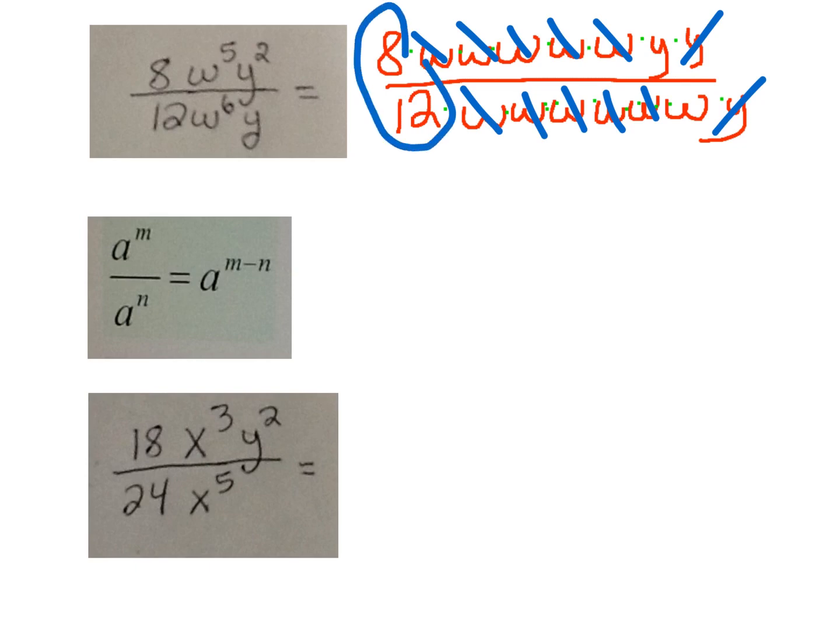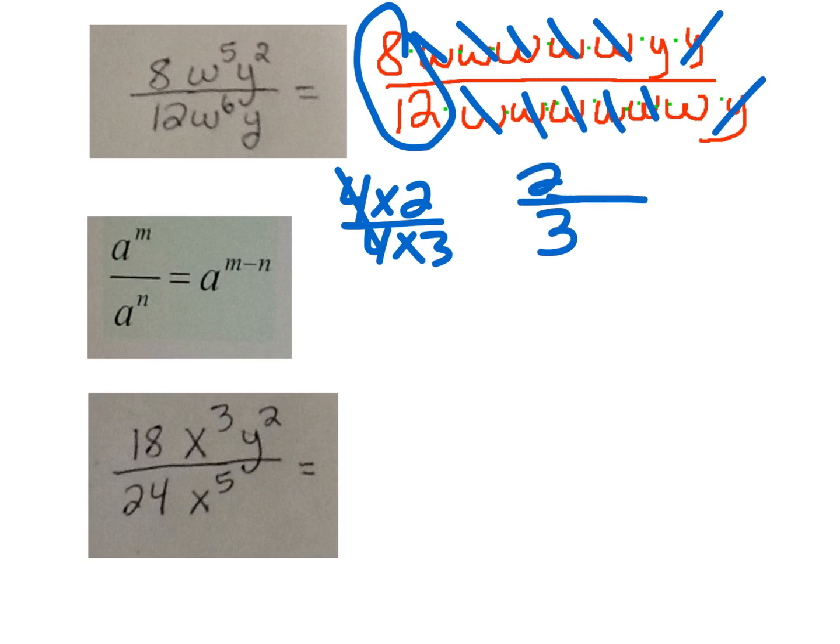Can I simplify my fraction? Again, you can think about that as 4 times 2 and 4 times 3, and you can get rid of your 4's and you have 2/3. So I have 2/3 for the fraction, and what do I have on top left? A Y, and on the bottom I have a W.